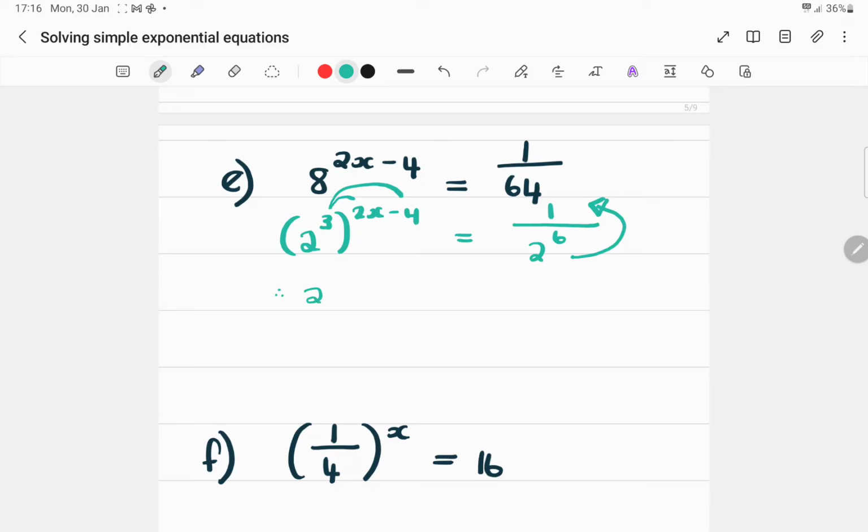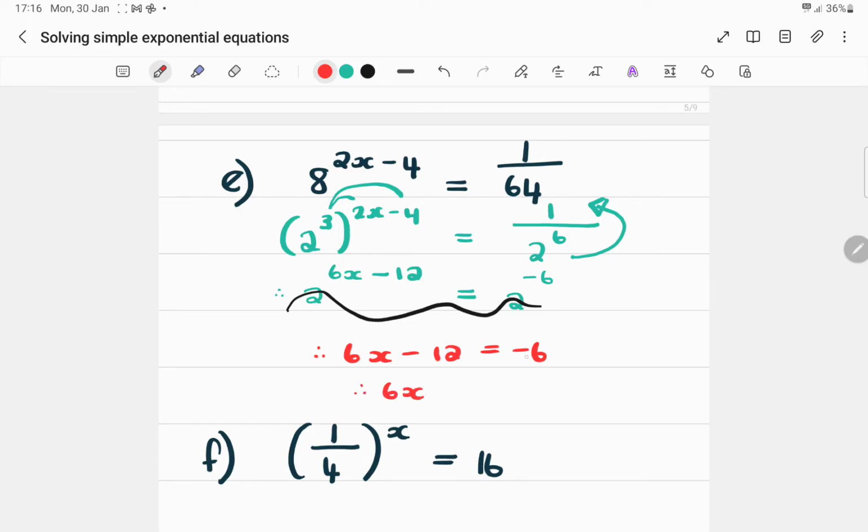So then we get 2 to the power 3 times 2 is 6x minus 3 times 4 is 12, is equal to 2 to the power negative 6. Now they're all on the same level. We drop it like it's hot, and then we can equal the exponents to each other.